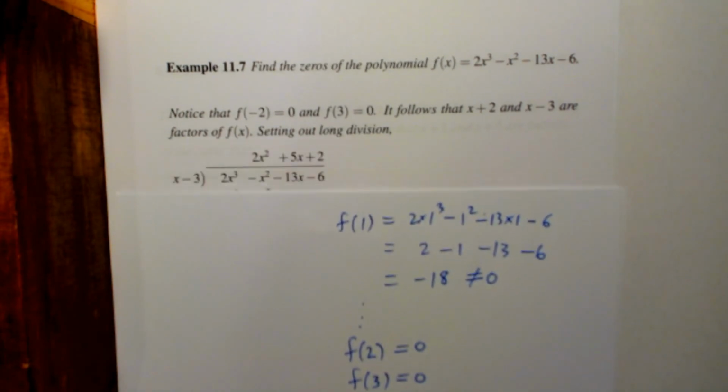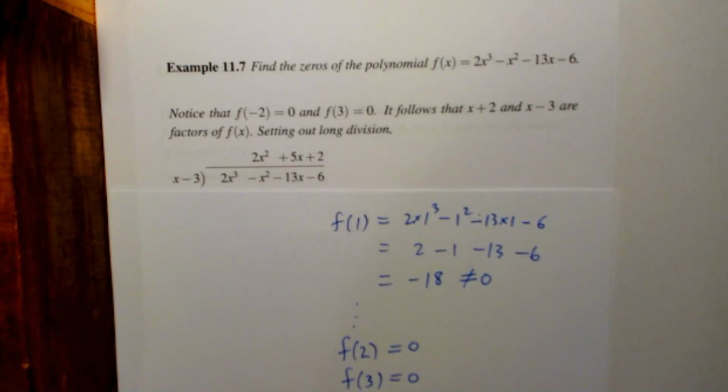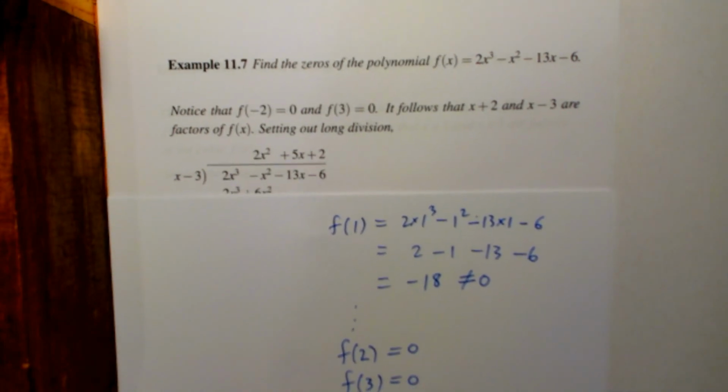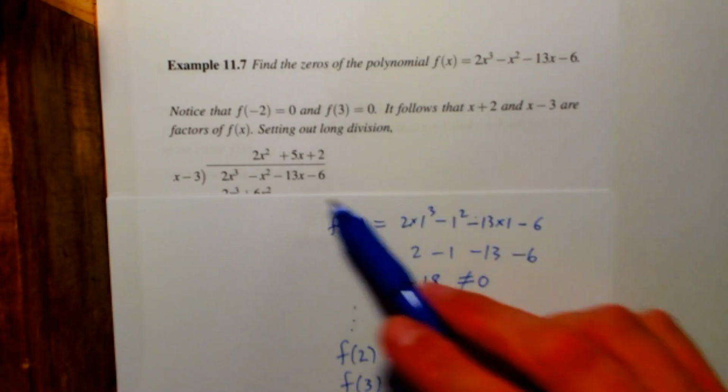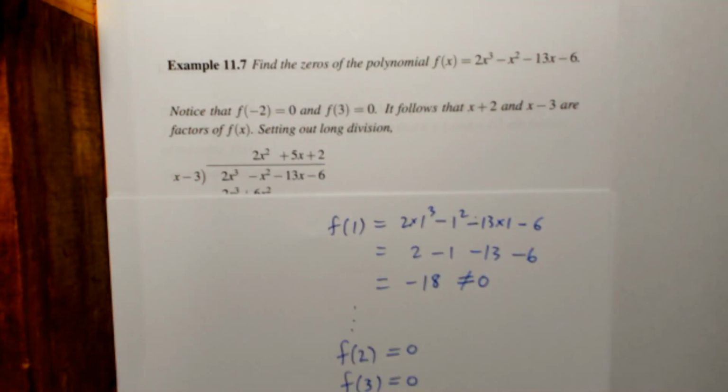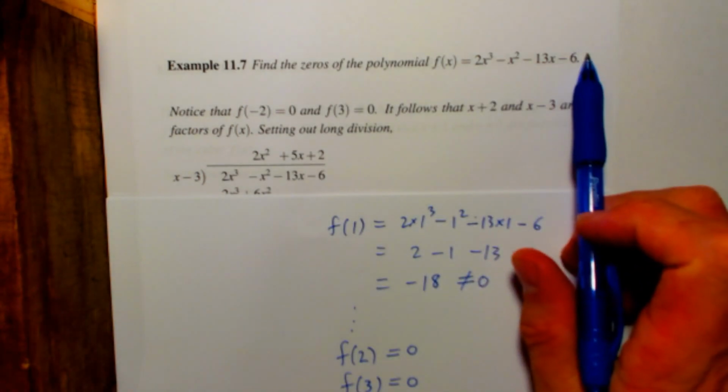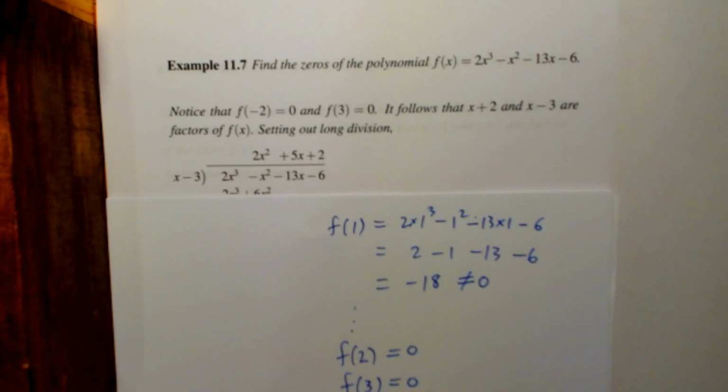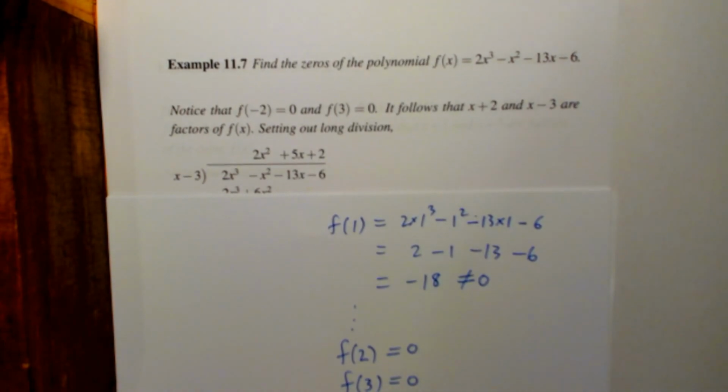Okay, now setting out the long division, we could choose any of these to do a long division with, because we're meant to get a polynomial as this cubic divided by x minus 3, but we could also divide it by x plus 2 and we would get a polynomial, in particular a quadratic polynomial.